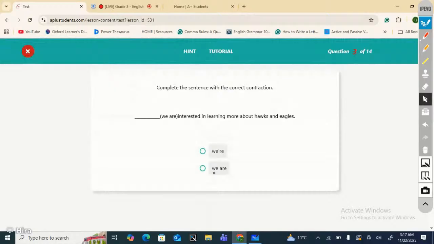We are interested in learning more about hawks and eagles. The two words are we are. Now let's complete the sentence with the correct contraction.